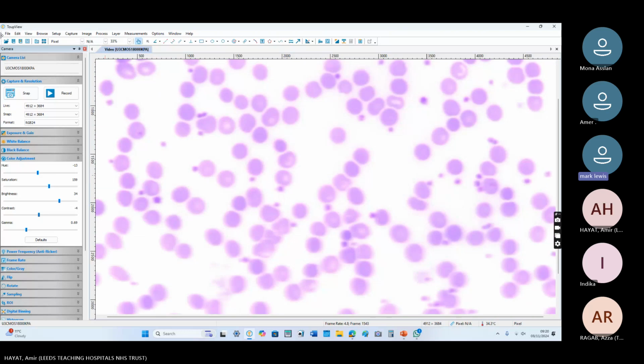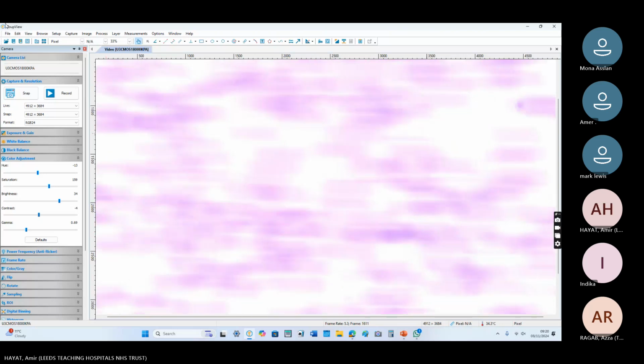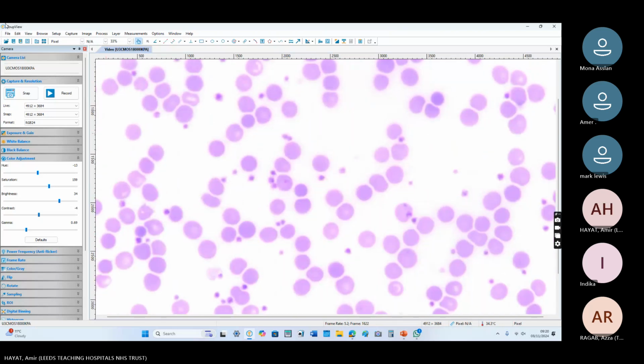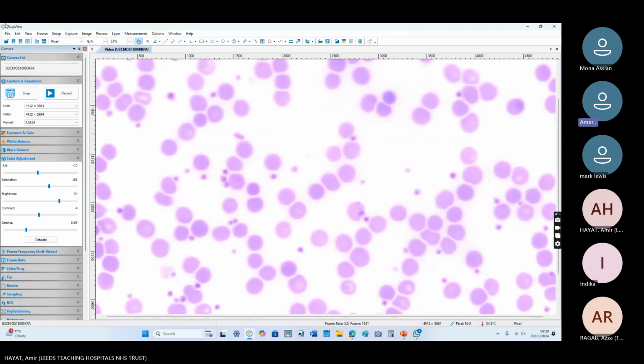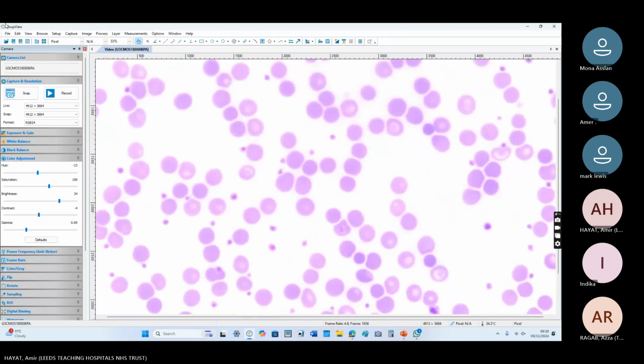For infection, I thought there'd be more neutrophils. And this cell, the spherocyte. He has many spherocytes in the blood film. Hmm. An autoimmune.